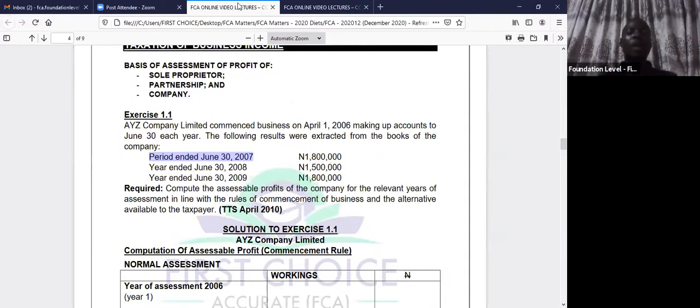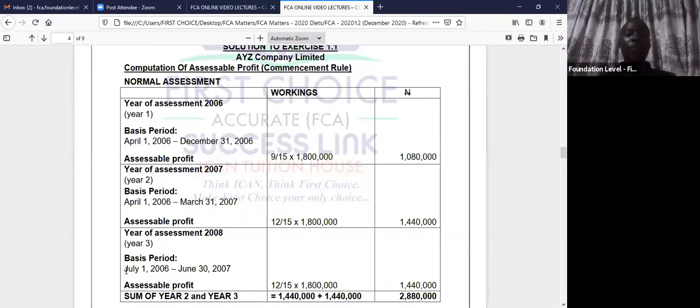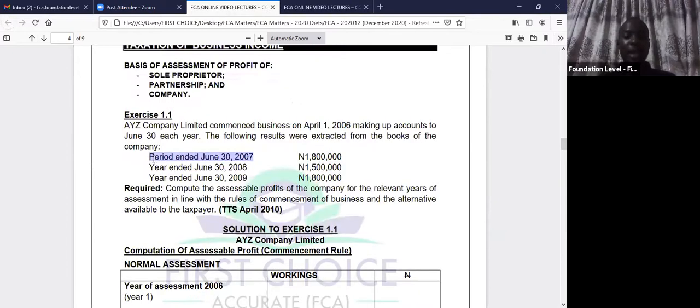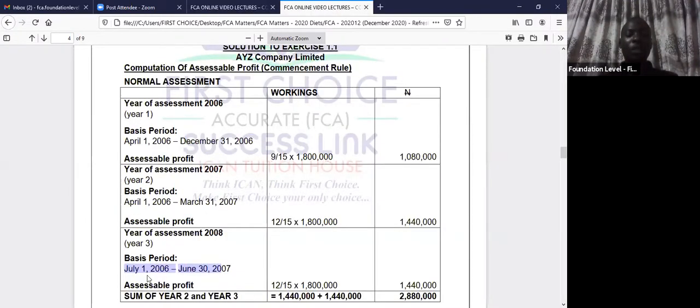Now the third one, we are starting our account from July 1, 26 to June 30th, 27. We can find our July 1, 26 here, and June 30th, 27 is what finally ends it. And you see, this is a 12-month period, and we are looking for 12 months out of that same 15-month period.